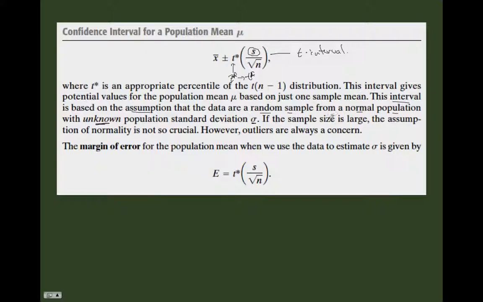Now, again, if the sample size is large, this assumption of normality is not so crucial because the central limit theorem kicks in. But if there are outliers, then we're going to have to be even more cautious. Now, terminology-wise, this quantity right here that we're adding and subtracting to the sample mean is what we call the margin of error.